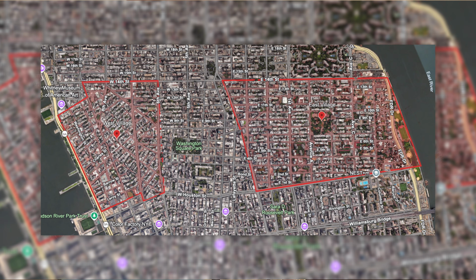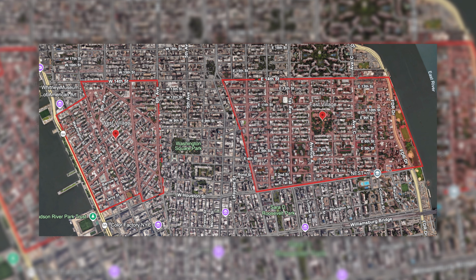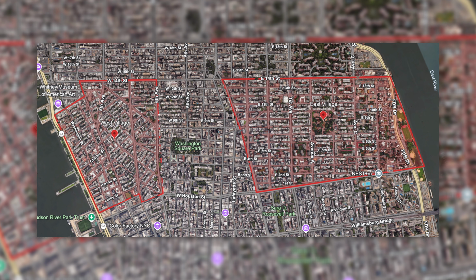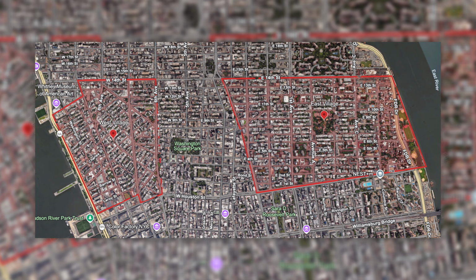So let's talk about where the West Village and the East Village are situated in Manhattan. They're both below 14th Street, and Greenwich Village, which is in between the two neighborhoods, spreads like a belt across the city from the Hudson River over to the East River just below 14th Street.